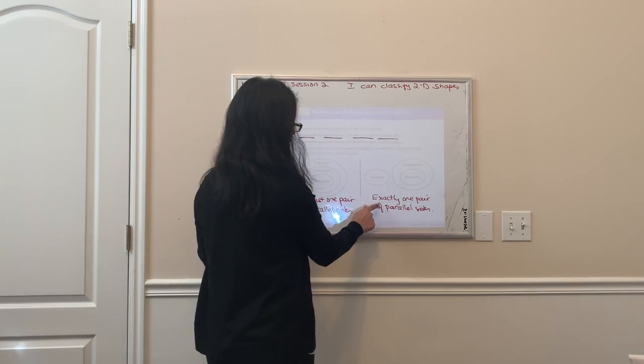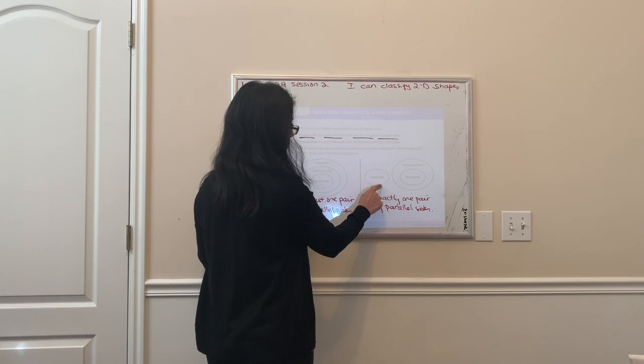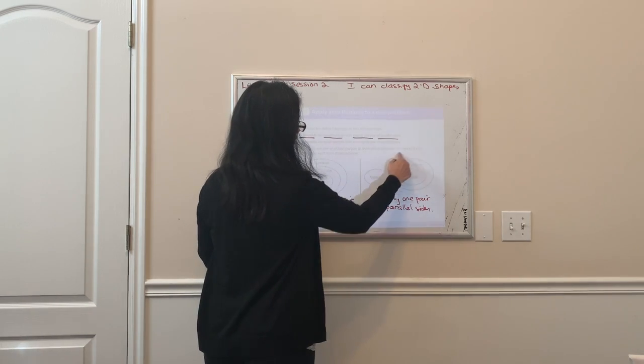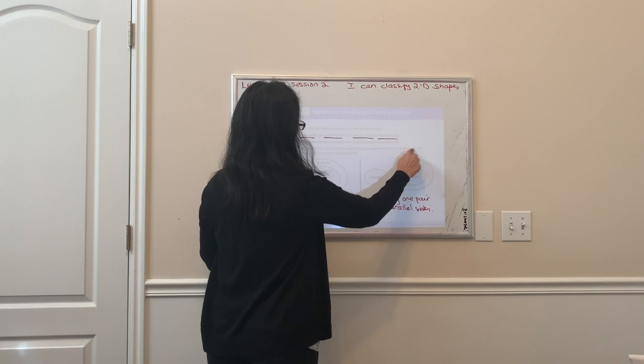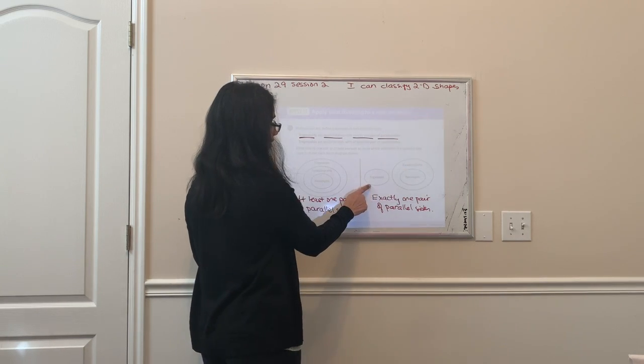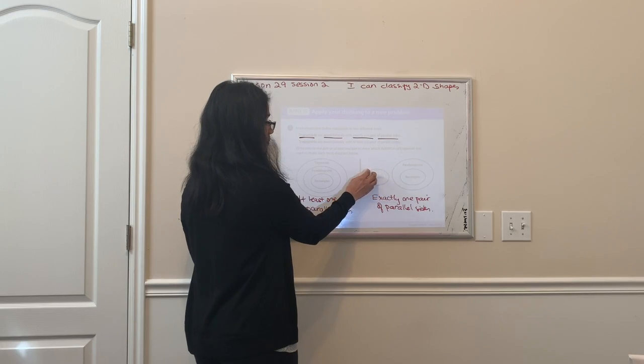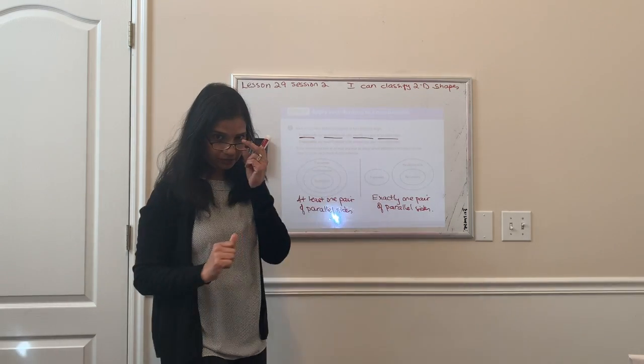But here, if we say the trapezoid has exactly one pair of parallel sides, it can't be around here because these have more than one pair of parallel sides, and this has exactly one pair. So it has to be an oval separate from this one, okay?